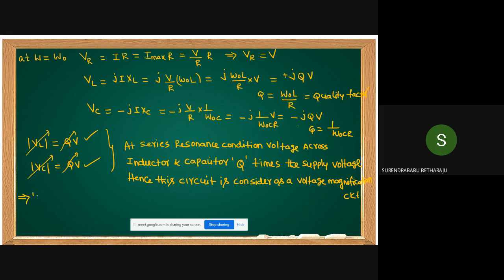Under series resonance condition, the net impedance is minimum and current is maximum.